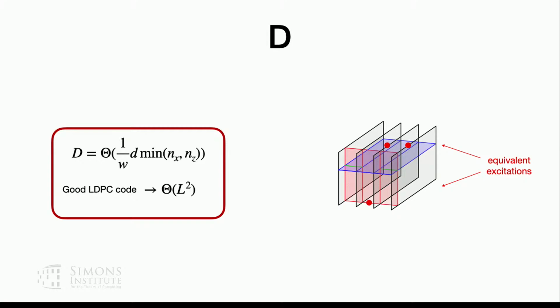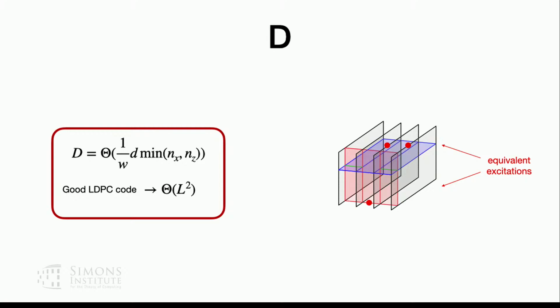And at first you think, well, can I still get this distance I want? But this is where the assumption that the input code is LDPC is really important. If the input code is LDPC, each of these layers, say these Z check layers, only talk to a constant number of the data layers.